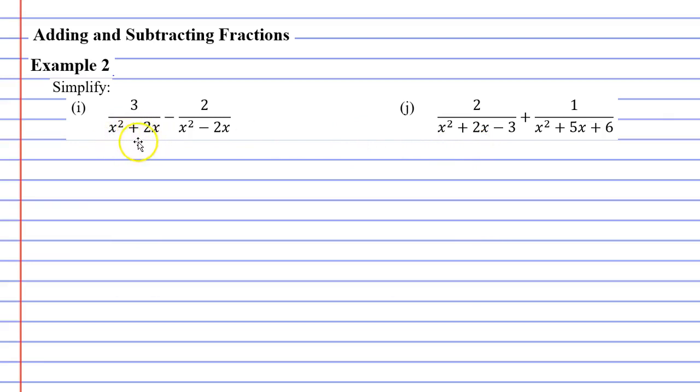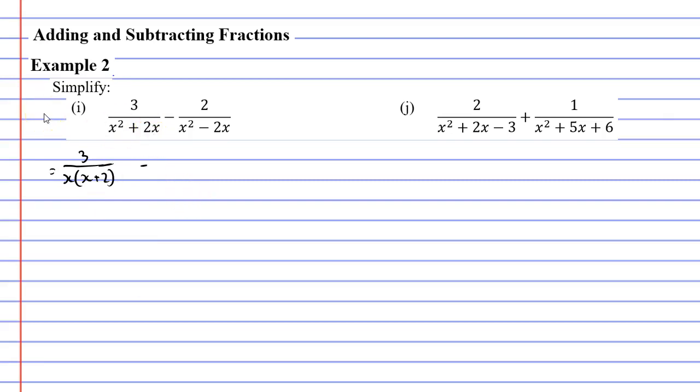So what do I get if I factorize this first denominator here? Well, I can factor out a common factor of x. And x times x will give me x squared. And x times 2 will give me 2x.